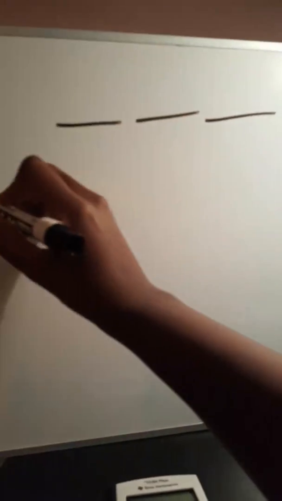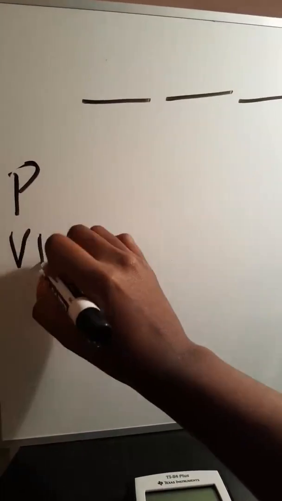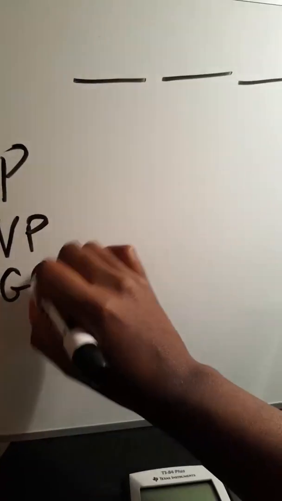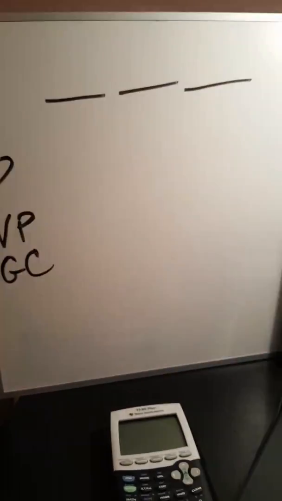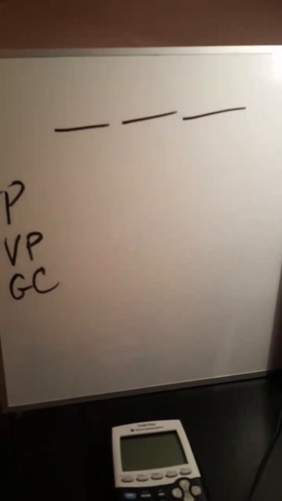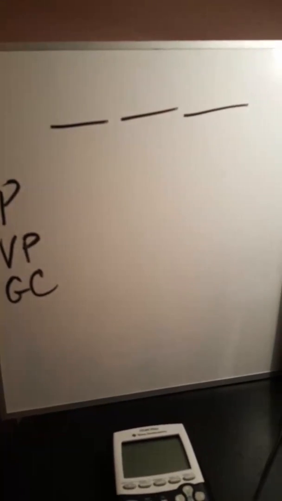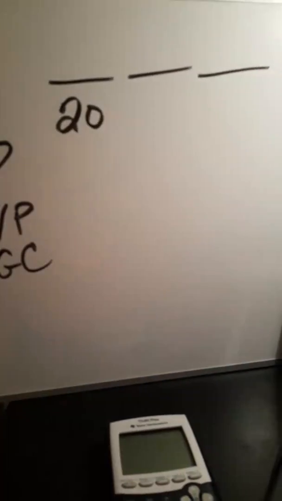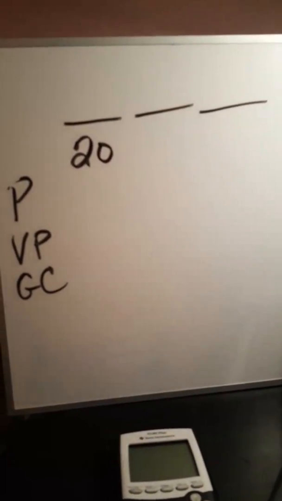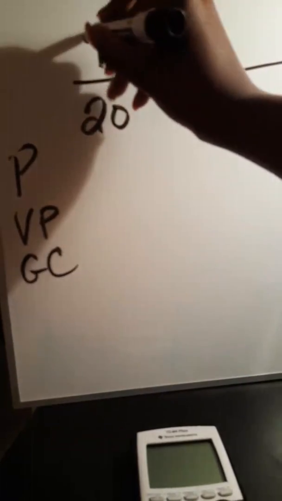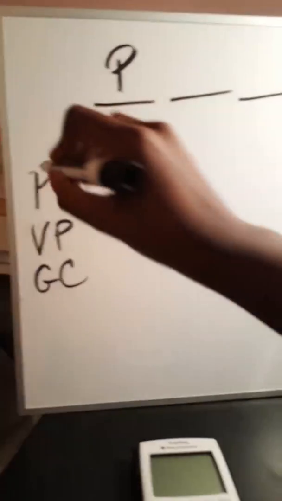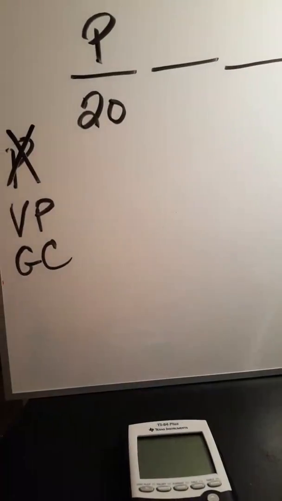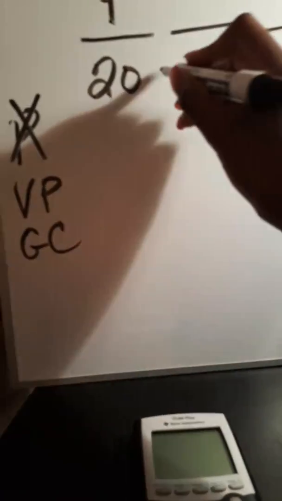All right. So remember, we have a president, vice president, and a Greek council. With those 3 positions out of 20 people, in that first position, anybody out of all 20 can be the president. When the president is gone, out of the rest of the 19, anybody can be the vice president.